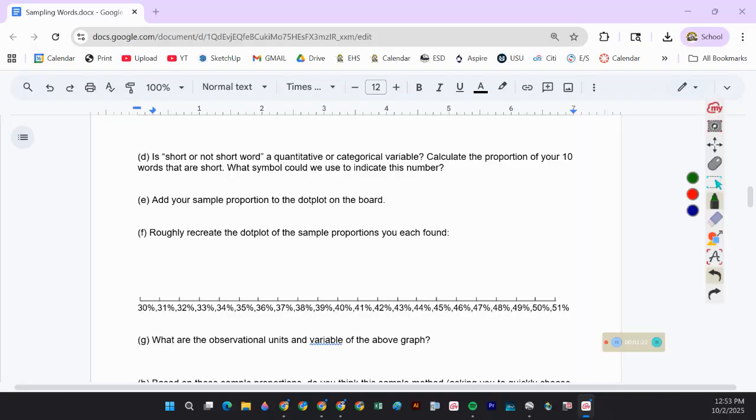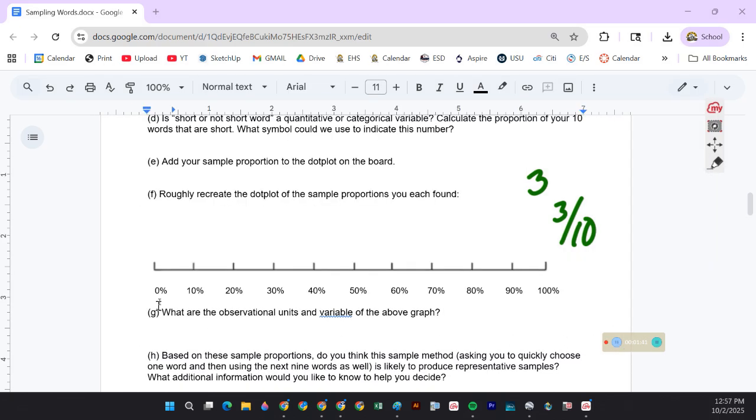So let's say that 3 of my words were short. 3 out of 10. All right, through the magic of video editing, I fixed it. So I need you to answer C, D, and E, and then come up and put a dot wherever your percentage is.